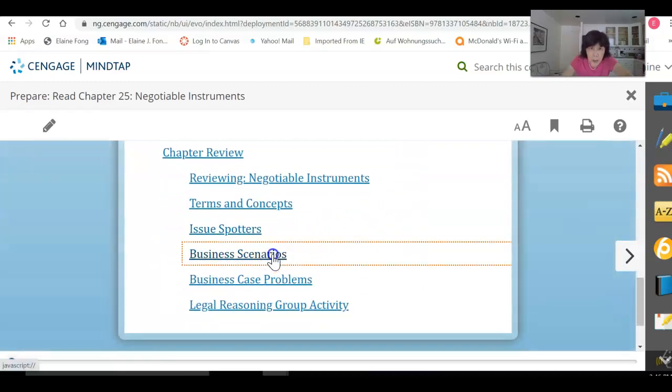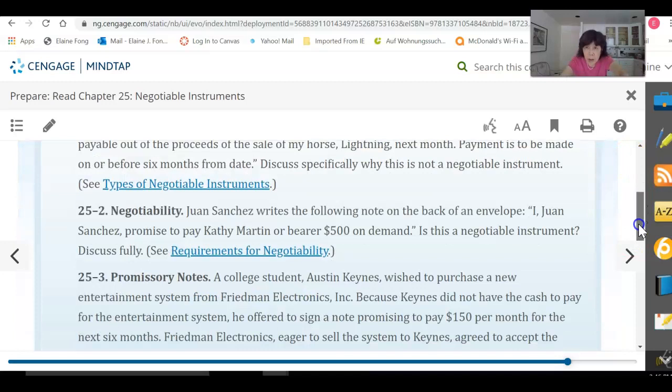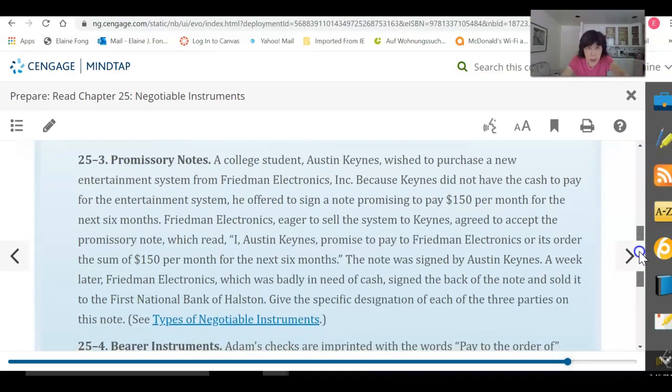All right, it's one of these business scenario problems. Take a look with me. It's problem 25-3. All right, what's going on here? We have a college student named Austin Keynes, and he is going to buy a new entertainment system from Friedman Electronics.